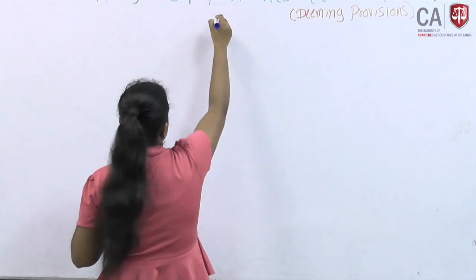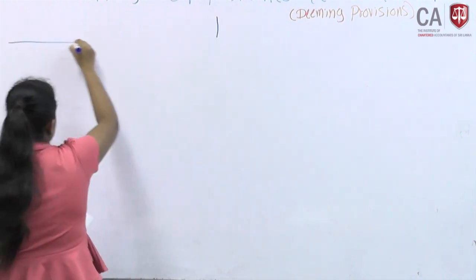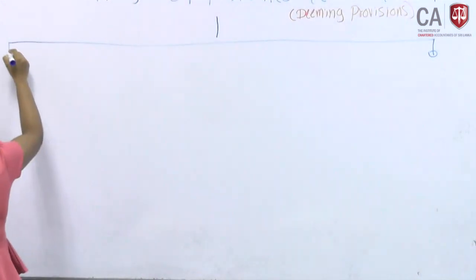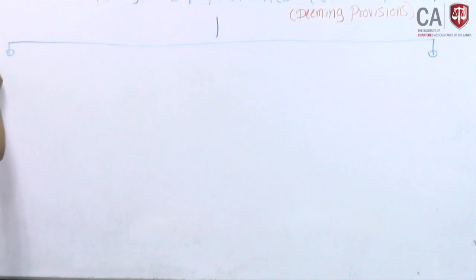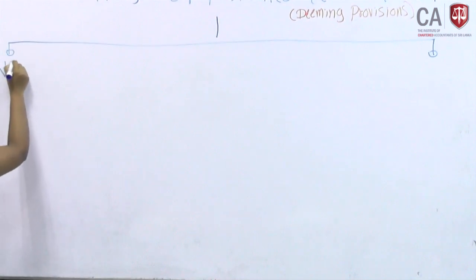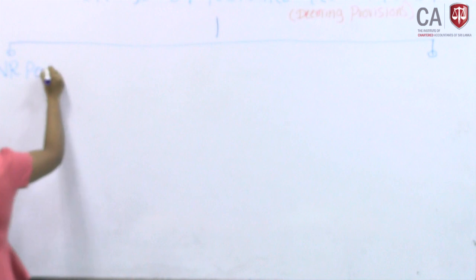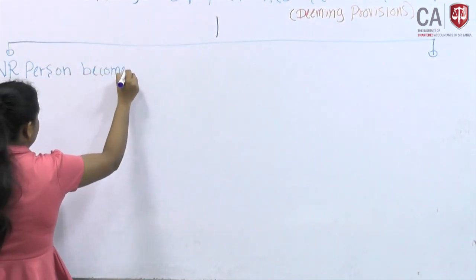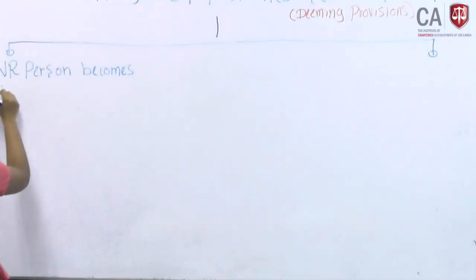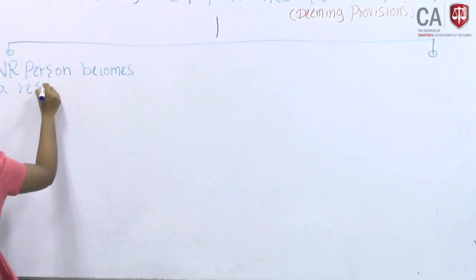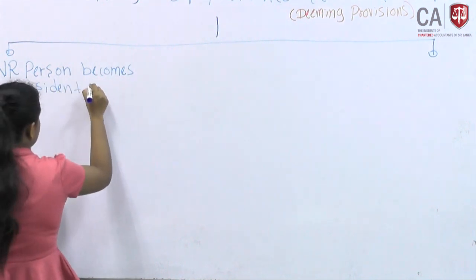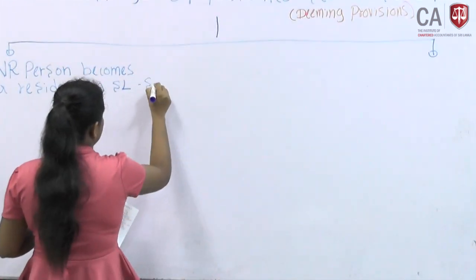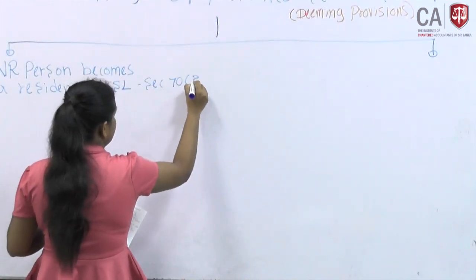Now when it comes to change of residence, the act talks about two ways of change of residence. The first one is the non-resident person becomes a resident in Sri Lanka, which is under section 70 subsection 2.